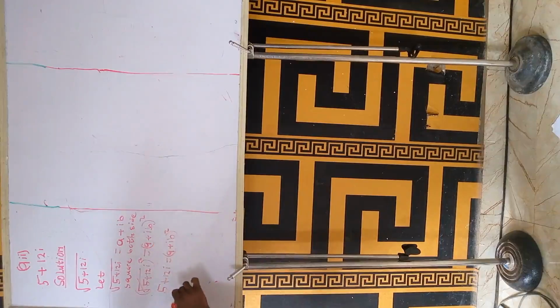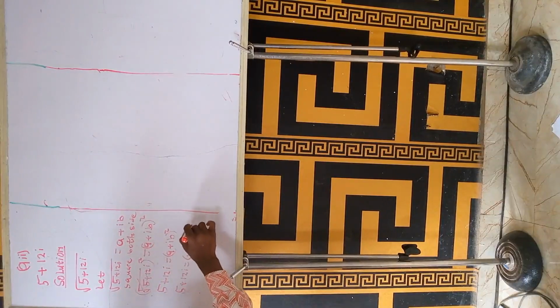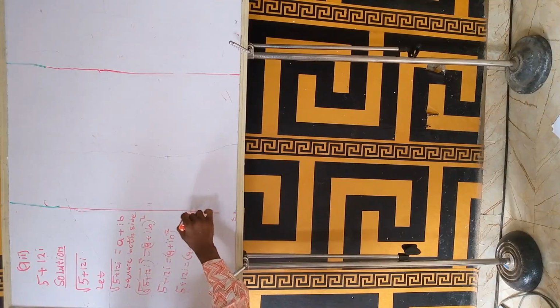I can split, and I will have something like this: 5 plus 12i equals (a plus ib)(a plus ib).